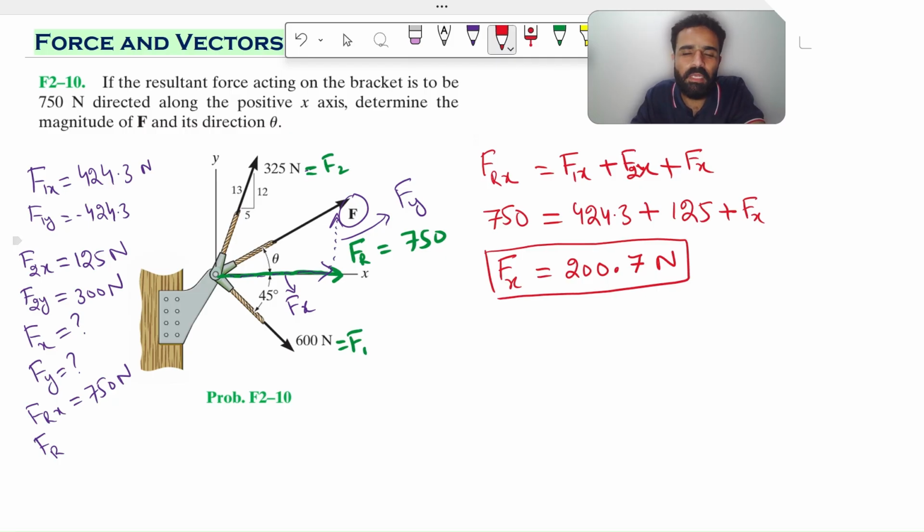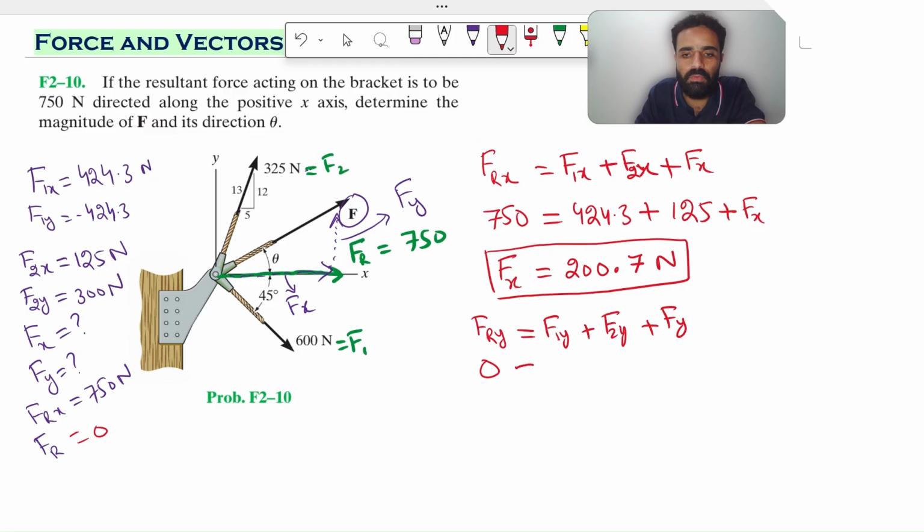Now we'll do the same for Fy. FRy, the resultant vertical force, will be equal to F1y plus F2y plus Fy. I will be putting in the values of FRy, F1y, and F2y. The FRy value here is equal to 0, because there is no y component of the resultant force.